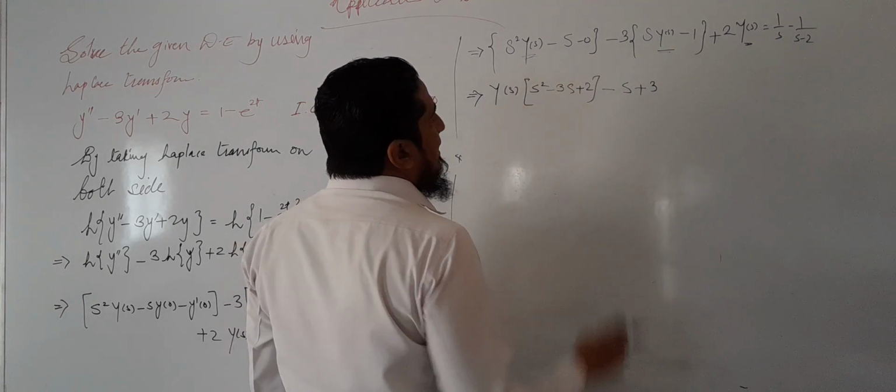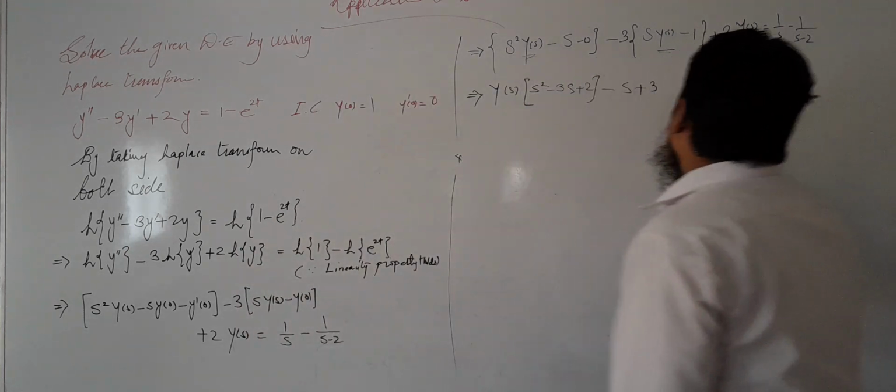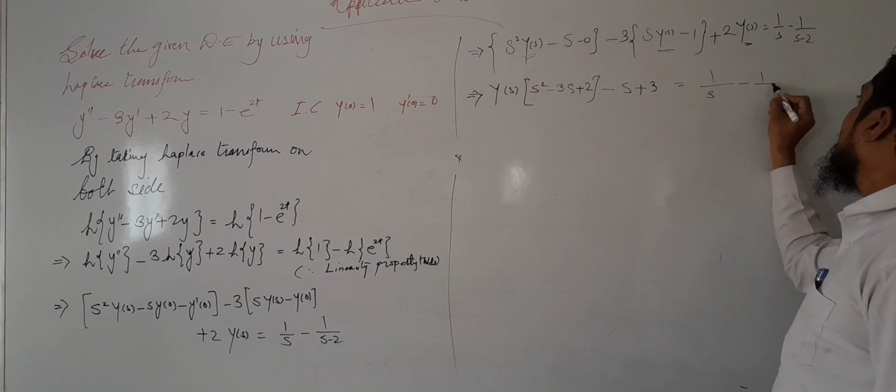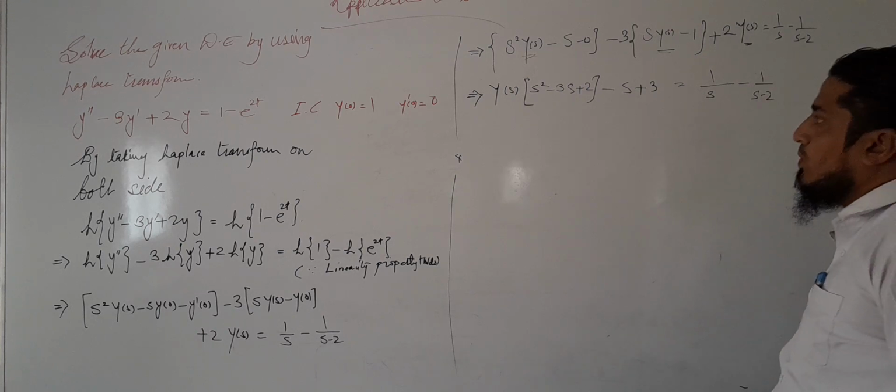From this side we will get minus s only, then we can find 1 upon s minus 1 upon s minus 2.